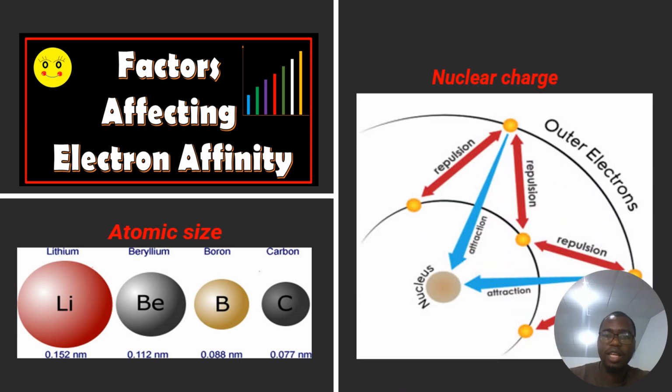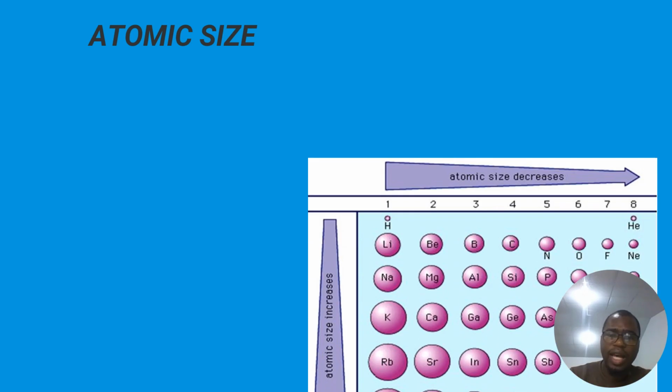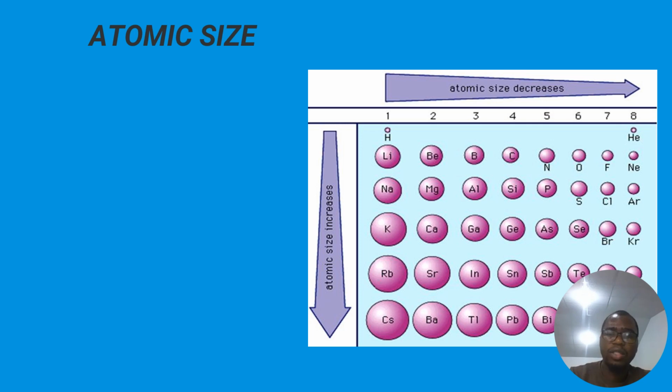The second factor that we're exploring in this video is the nuclear charge. This is also responsible. So let's have a look at how these two things affect the periodic trends with regard to electron affinity. Let's look at atomic size. When we say atomic size, we are just talking about how the size of an atom becomes bigger.